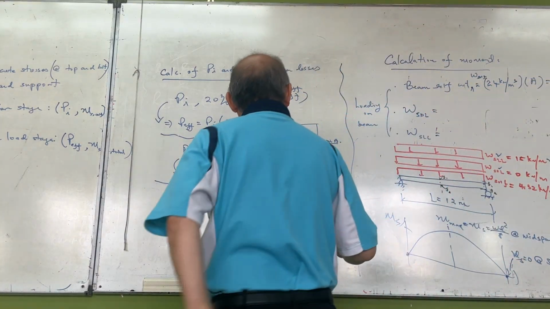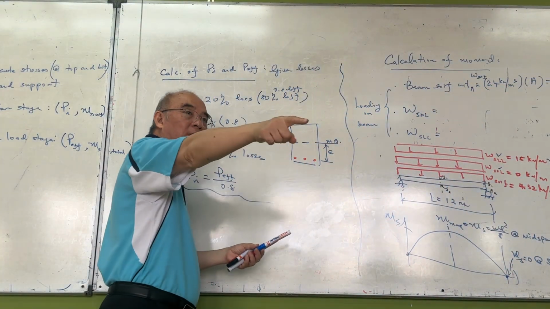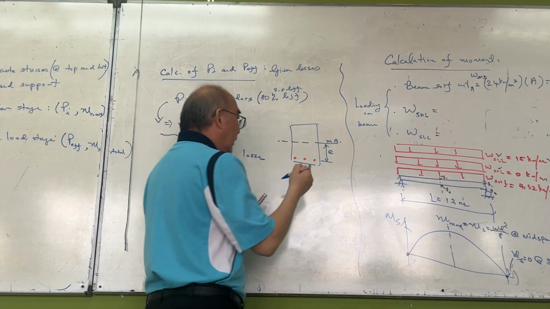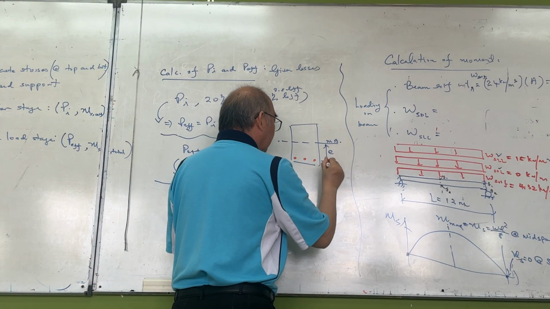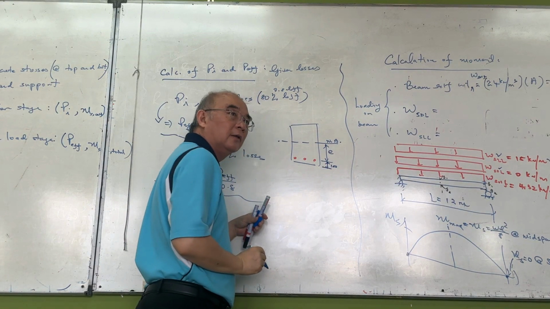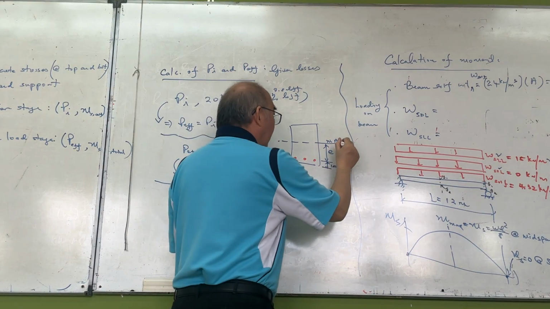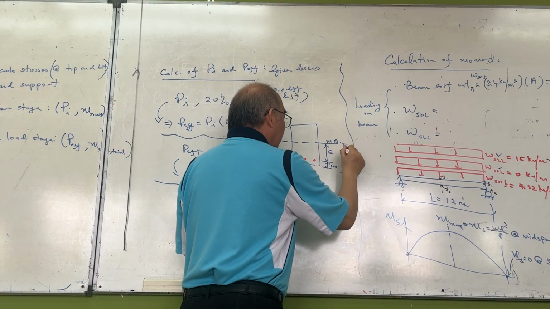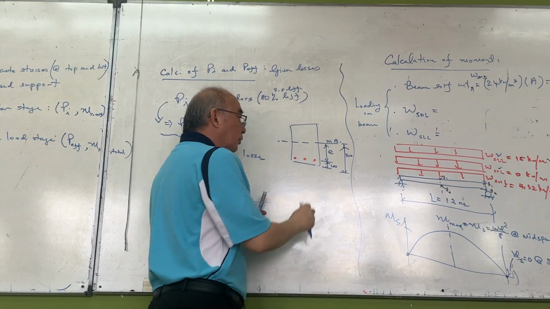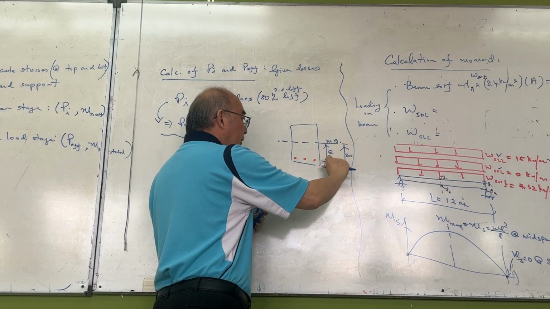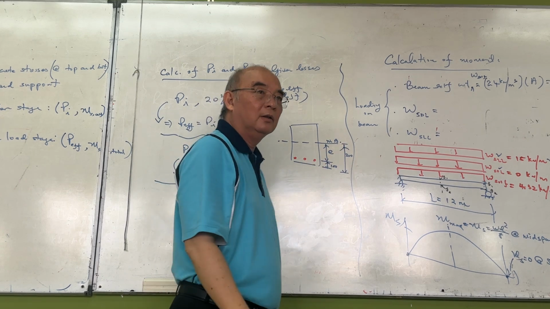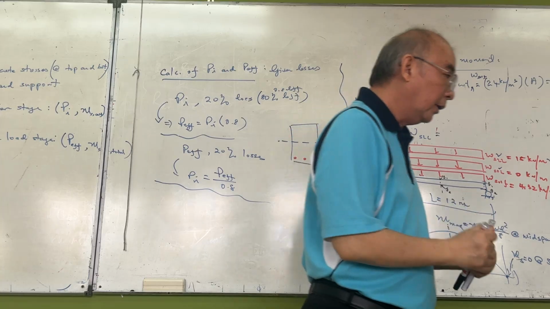I think in this problem I give you this value, 150, and this is 300. So the E would be 300 subtract the 150.